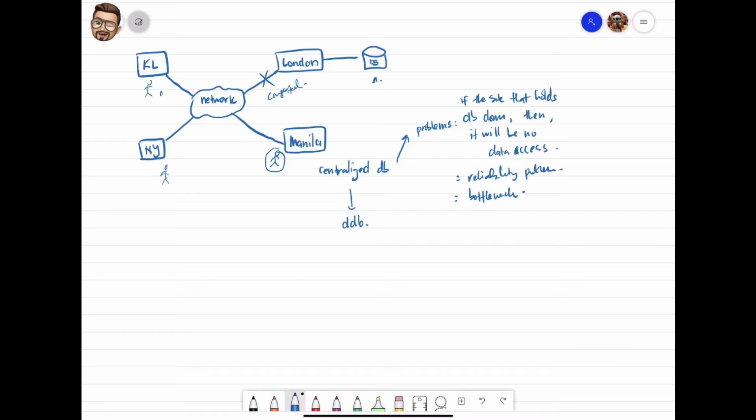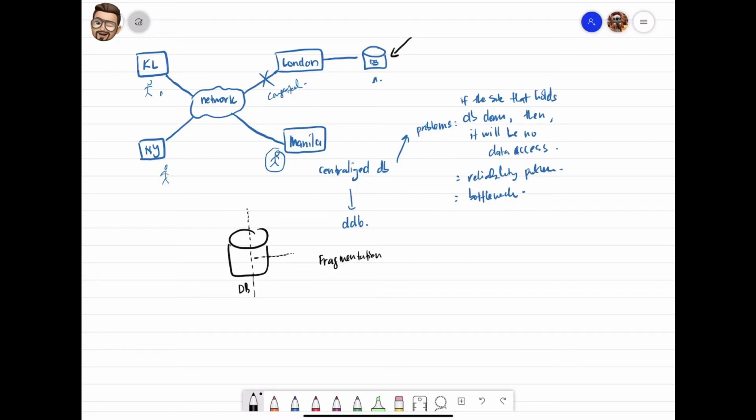What does this mean? This is your database. What you are going to do is divide this database into a few parts. This is the concept of fragmentation, the process of dividing a database into parts.